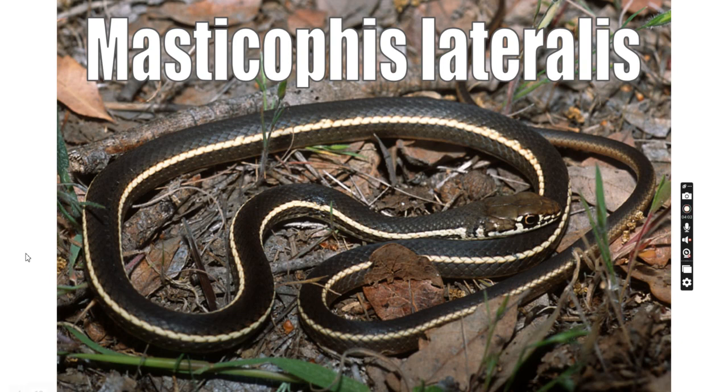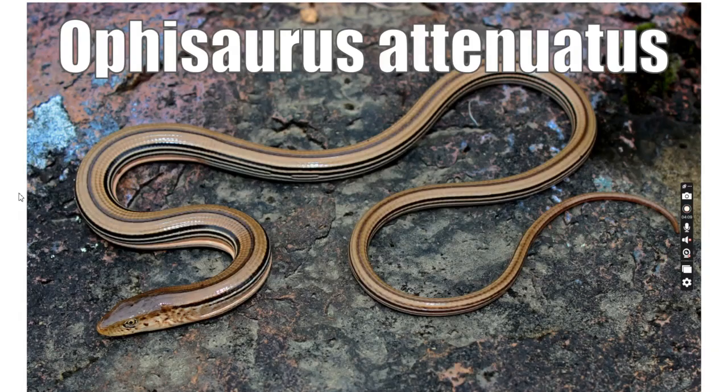This is a California striped racer of the species Masticophis lateralis, than this guy, our western slender glass lizard from before, the Ophisaurus attenuatus.